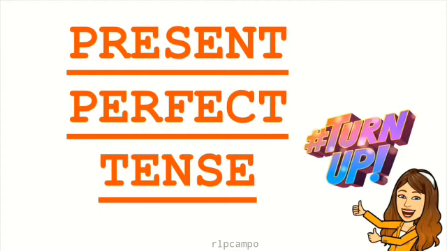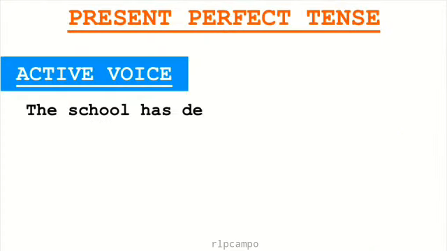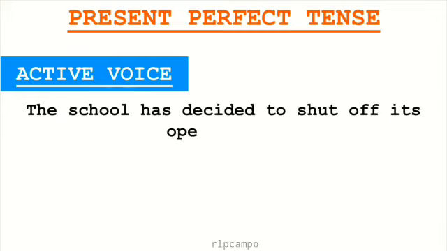Let's proceed with present perfect tense. The school has decided to shut off its operations. The subject in this sentence is school, and the present perfect tense indicator is has with the main verb decided.